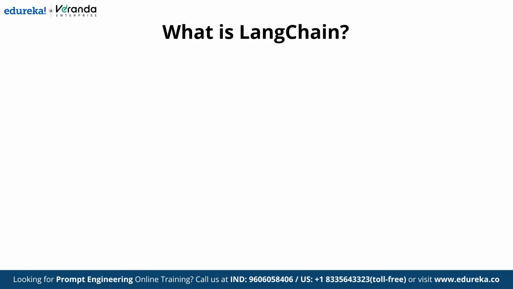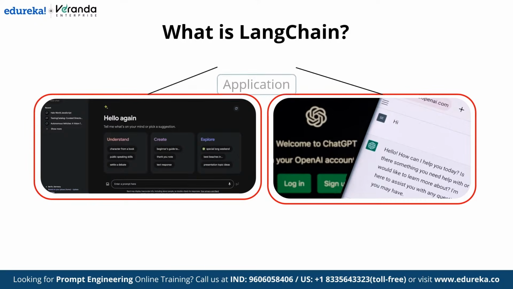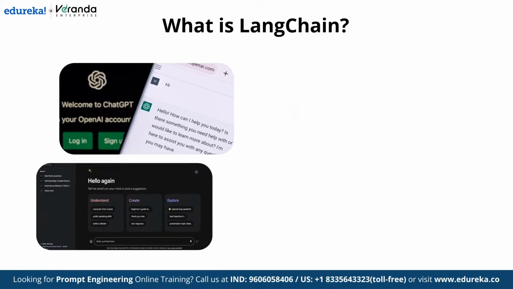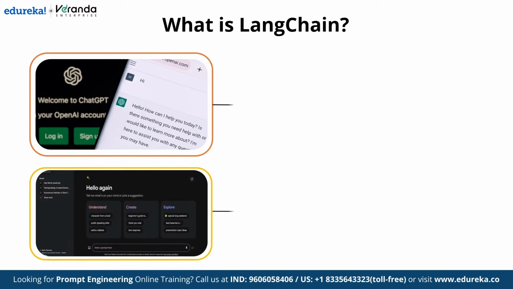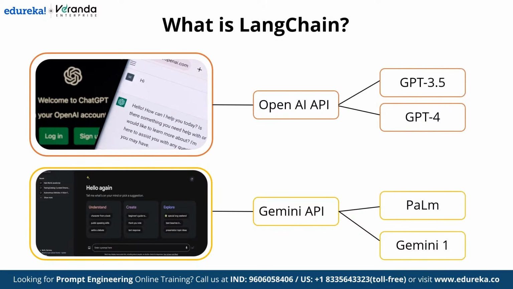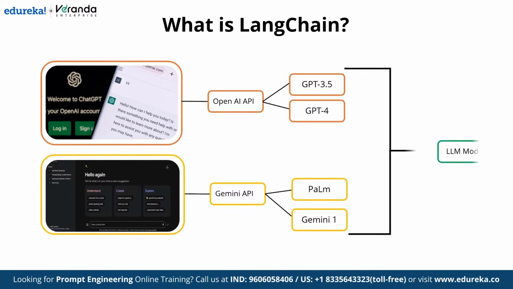Let us understand what LangChain is and why it is a valuable tool for building AI applications. You must be aware of popular applications such as GPT and Gemini. These applications utilize APIs: GPT uses OpenAI's API while Gemini operates through the Gemini API. To process prompts, they leverage models like GPT 3.5, GPT 4, Palm, and Gemini 1.